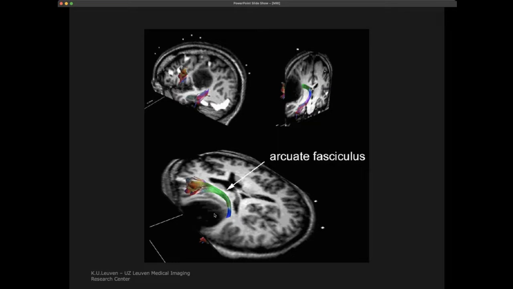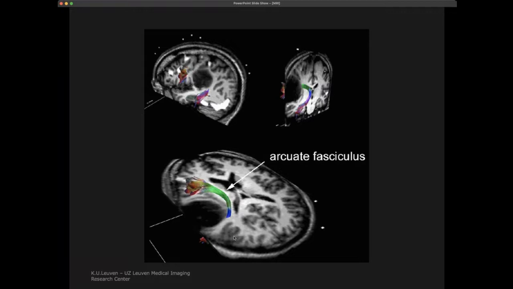or can I somehow spare it? One of the things that you very often see is that lesions are not replacing the tissue, but are actually pushing away the tissue. So this will be a tumor, for example, that is growing and pushing away the normal tissue. And you see that fibers that normally would go through here are being pushed away.